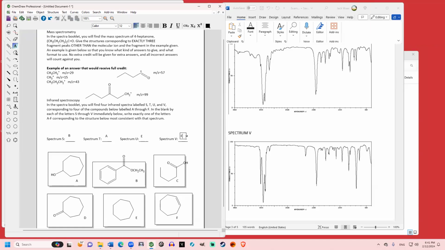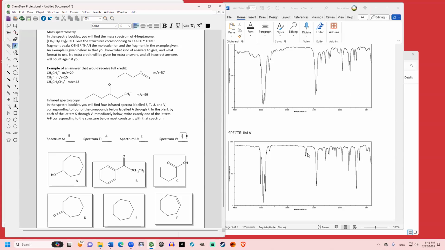That peak in the middle, that's like between 1,500 and 1,700. Could we say that that's a C double bond C? This one, I suppose it could be, or do you mean this one? That one, the one that's at about 1,650 or 1,700. That one, yep.